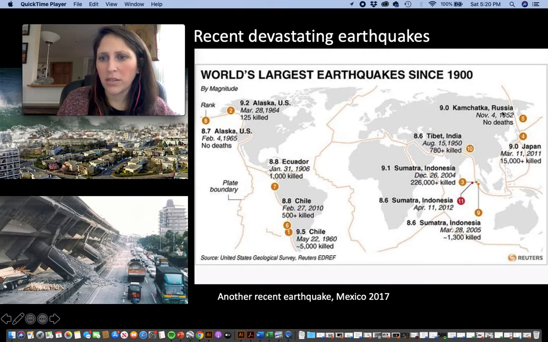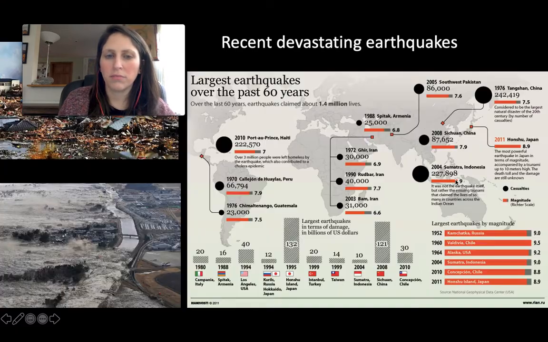But if you notice, they are all pretty much on these convergent boundaries here. So Alaska, we have South America, we have these parts in the Pacific Ocean, Japan, some Eastern Asian countries. These are all convergent boundaries. These are all our world's largest earthquakes.